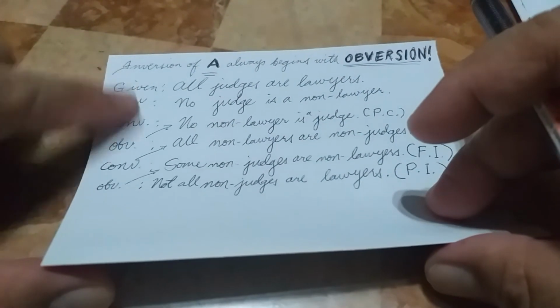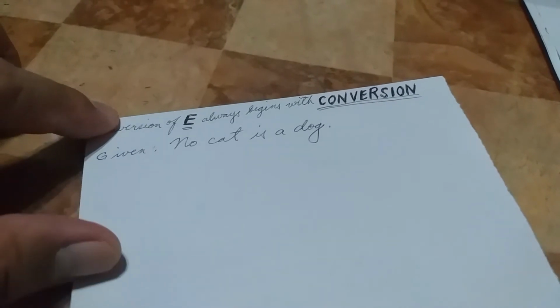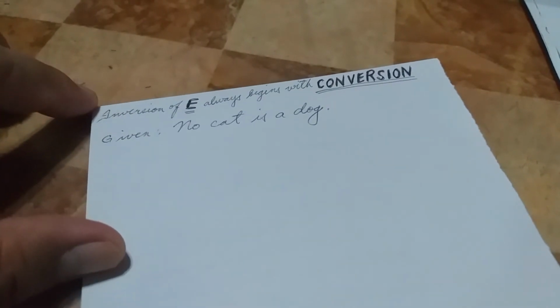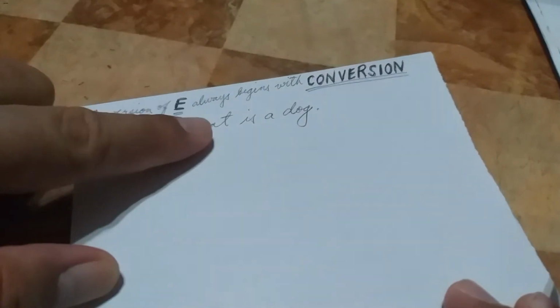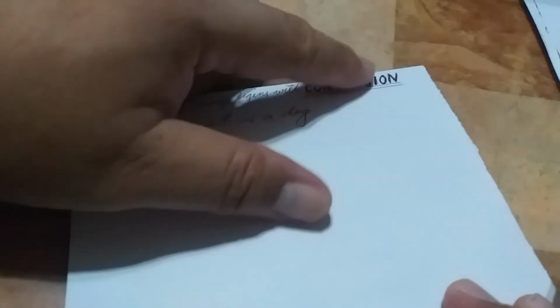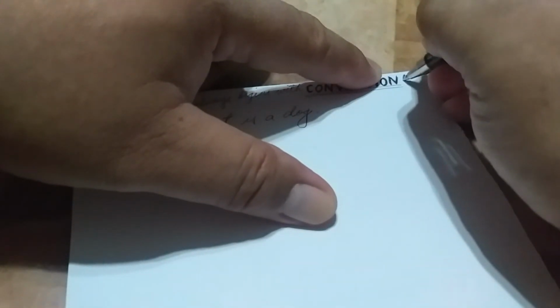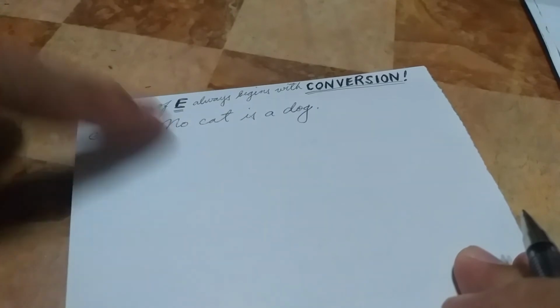So, inversion of E proposition. This is just an example: No cat is a dog. Always remember that inversion of E proposition always begins with conversion. Let's start without further ado and solve the problem.